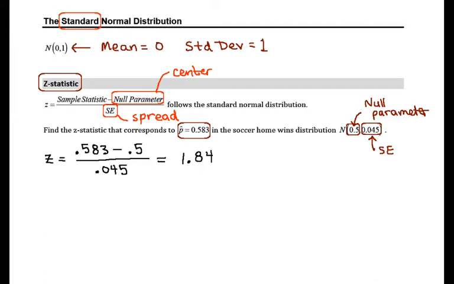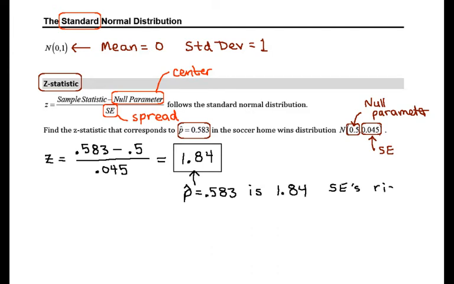And this is actually a z-score like we saw earlier in this course when talking about descriptive statistics for one quantitative variable. What this means is that p hat equals 0.583, which is our sample statistic, is 1.84 standard deviations right of the mean, which in this context means 1.84 standard errors to the right of the null parameter.